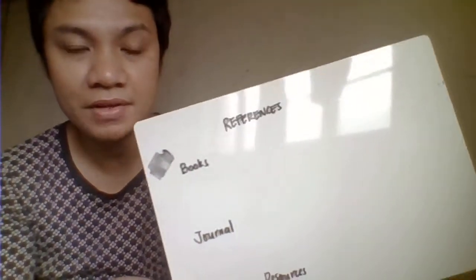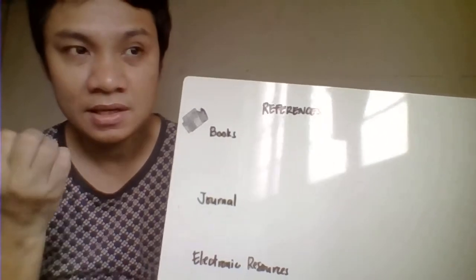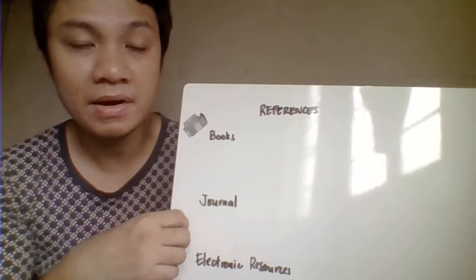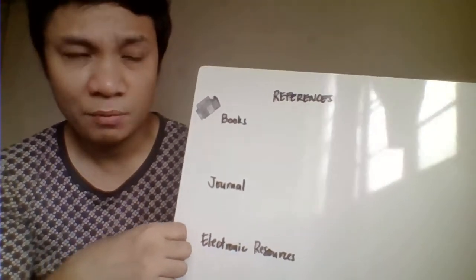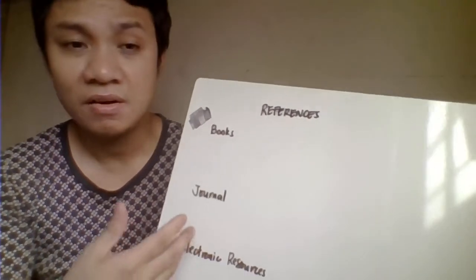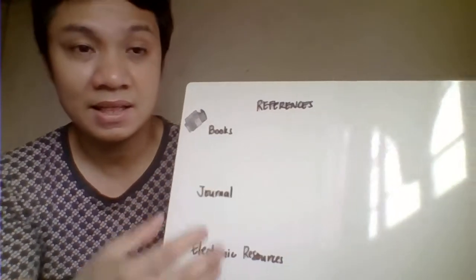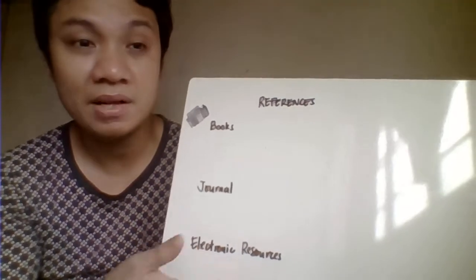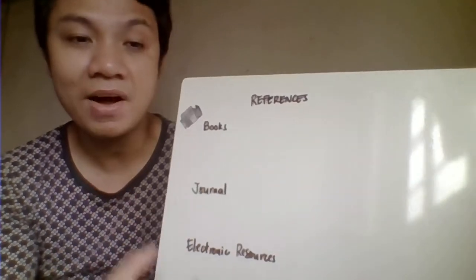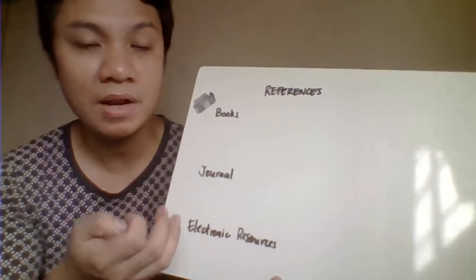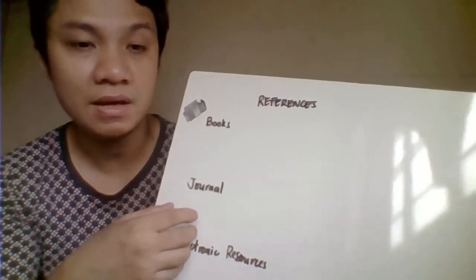When you are citing a reference, our rule here is that you need to cite in alphabetical order and you should have a hanging indentation. We have already discussed the formatting on how you're going to cite your references, right? So kindly follow that and refer to the PowerPoint on how to write the references properly.